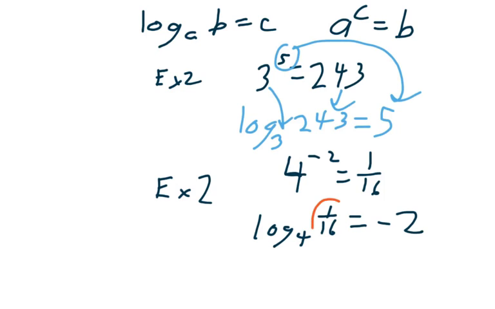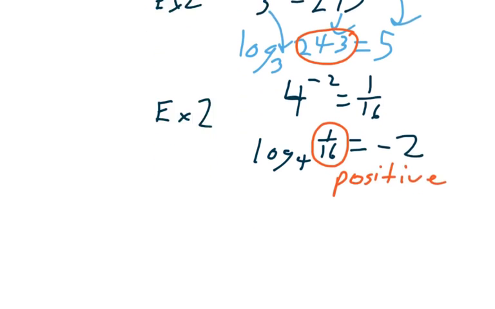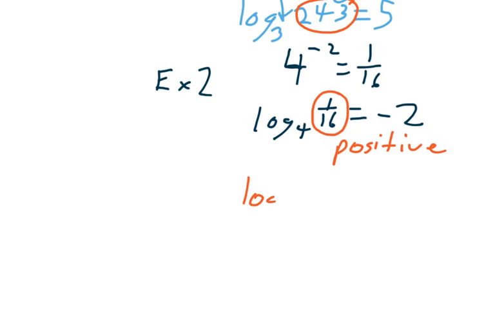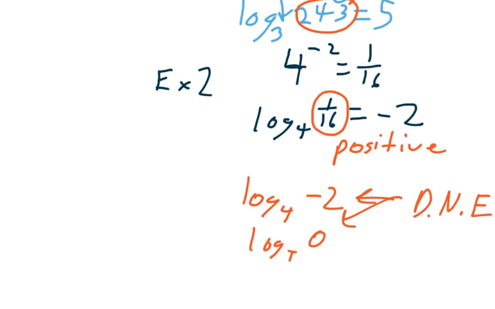In logarithmic problems, this number must be positive. You cannot take the log of 0. So if I ever said log base 4 of -2 or log base 4 of 0, these two things do not exist.